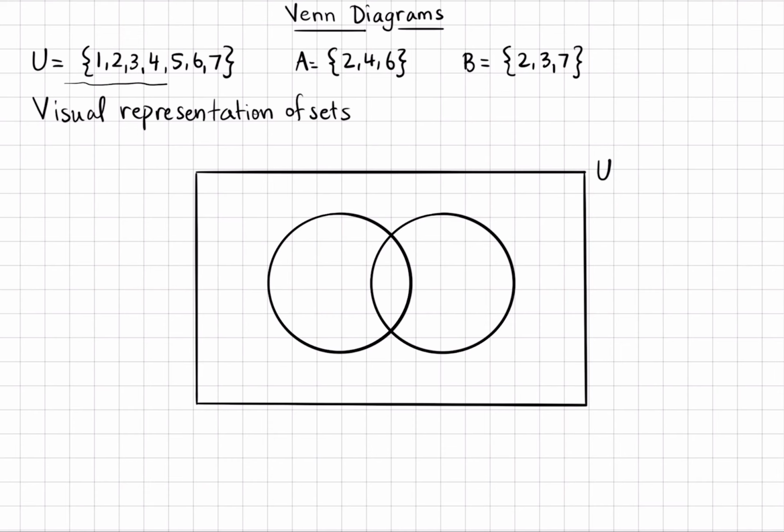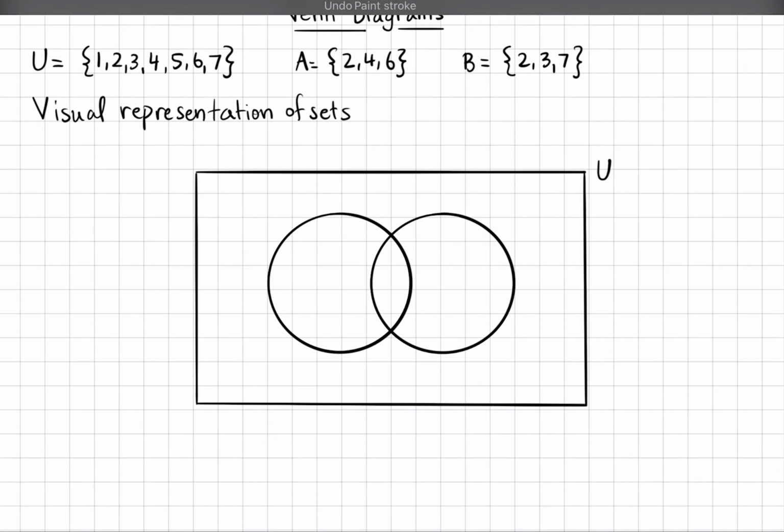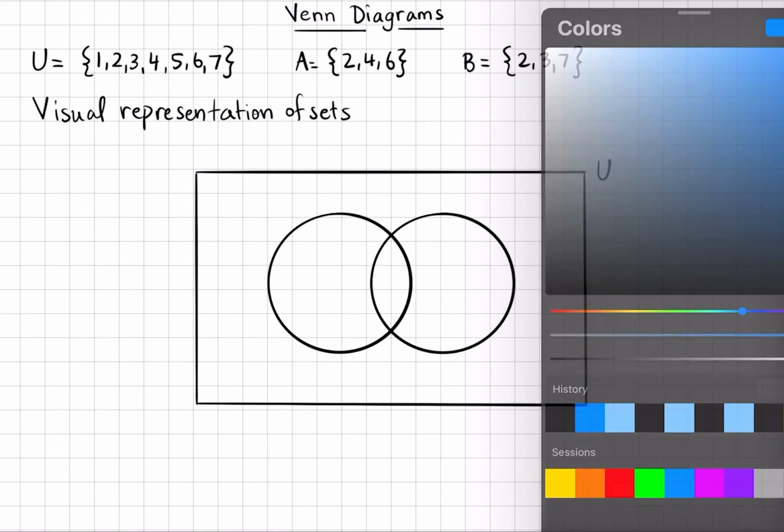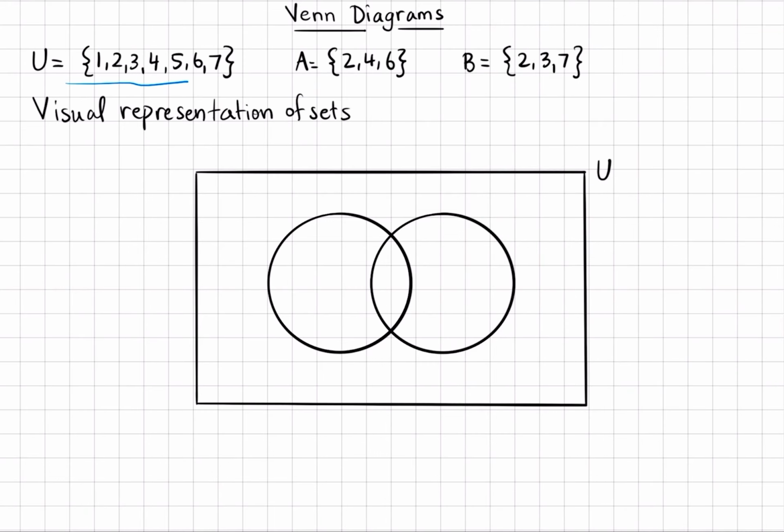The first set is the universal set U, and the second set is a set A. Think of it as a subset of set U. So the elements in set A are all part of the elements in set U. And then we have set B, which is also a subset of set U.